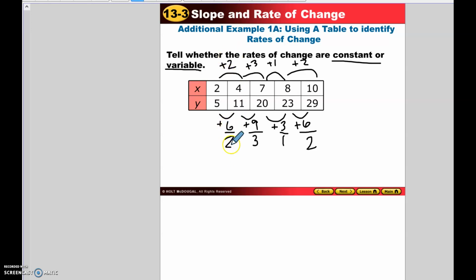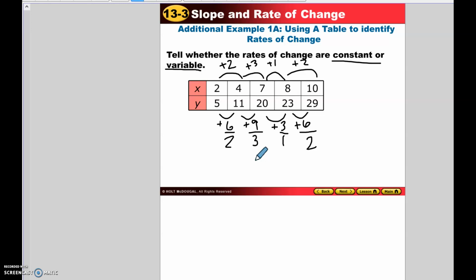Now what I'm going to do is divide these and see if they equal the same number. If they all equal the same number, that means it's constantly going up by the same amount. If it's different amounts, that means it's varying.